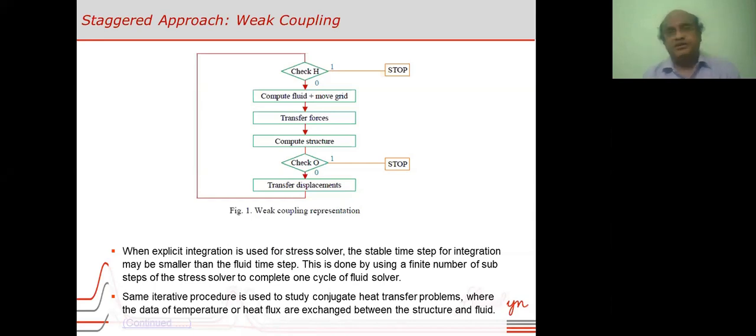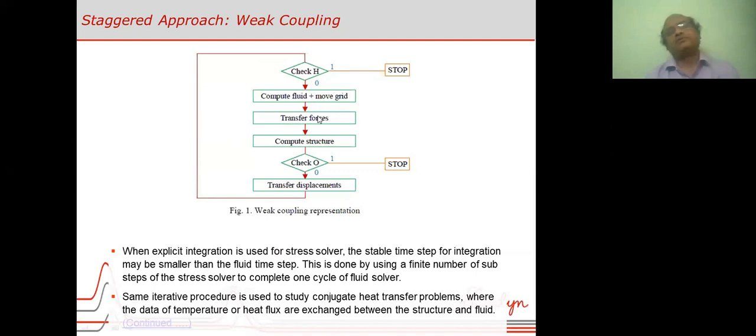Whereas in the implicit method, we use the values at the end of the time step to update the properties. The explicit method is also called a sort of weak coupling. First, do the fluid flow simulations along with the moving grid.